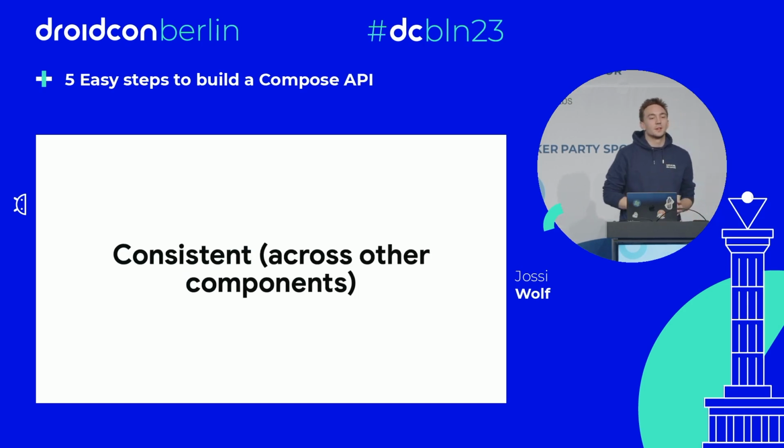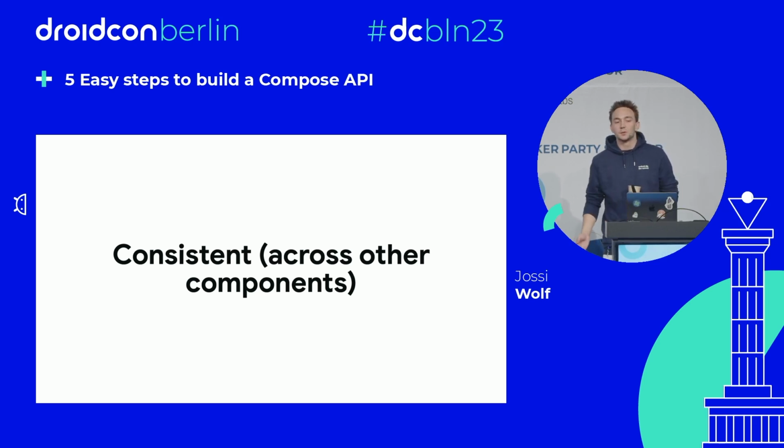Number two, consistency. Be consistent, especially across other components. In Jetpack Compose, this means we want to be consistent in the components that we build. If you're using Jetpack Compose in your code base, you want to be consistent with the patterns that Jetpack Compose offers, or at least be very consistent in your own design language, in your own naming in your code base.